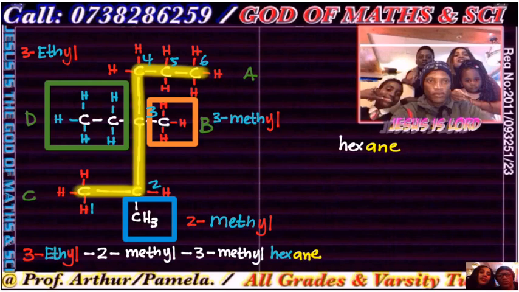So now, I'm going to write it again. I'm going to start with 3-ethyl. I'm going to put it somewhere in the box. So there is 3-ethyl. There it is. Then I must say dash. Numbers is 2 and 3. We say 2, 3.